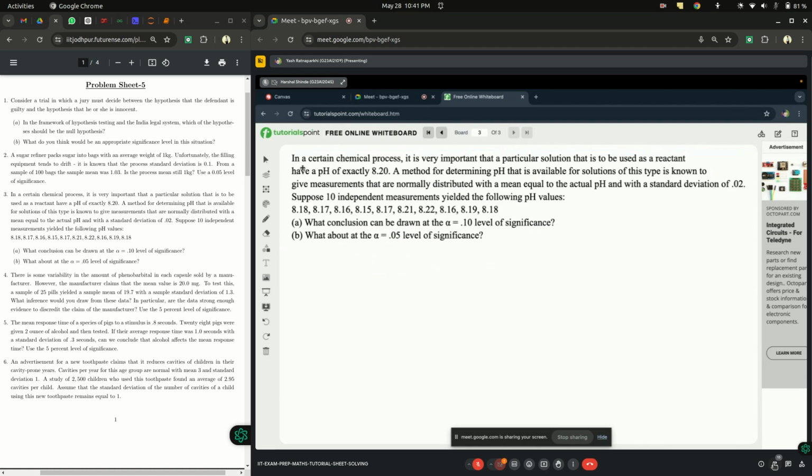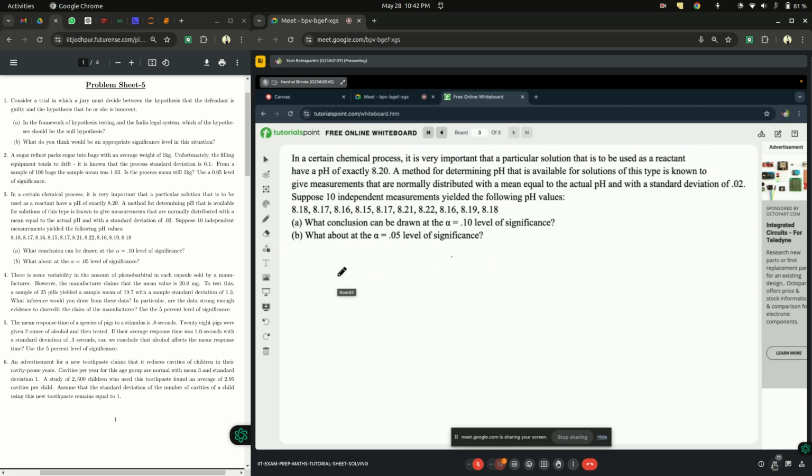Just be along with me and tell me. I'm reading the question. It is given that in a certain chemical process, it is very important that a particular solution that is used as a reactant has a pH value exactly 8.20. A method for determining pH is available, and for solutions of this type it is known to give measurements that are normally distributed with mean equal to the actual pH and the standard deviation as 0.02.